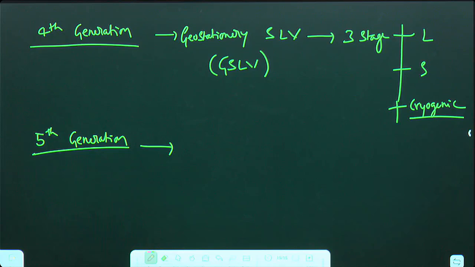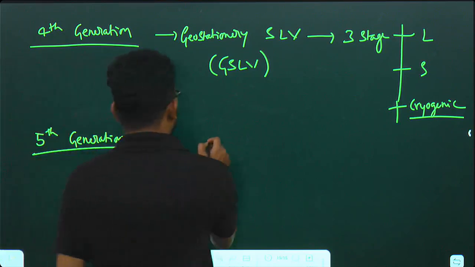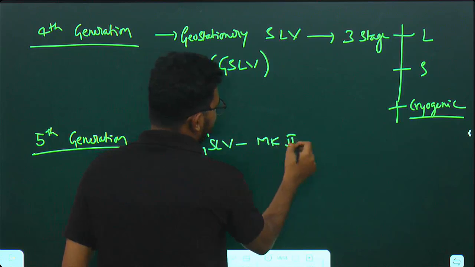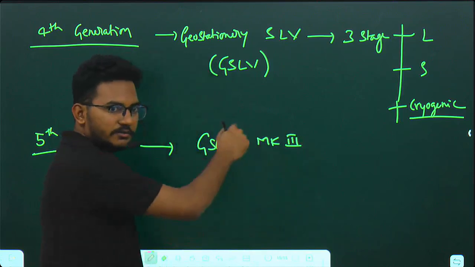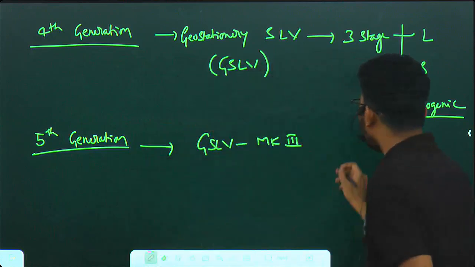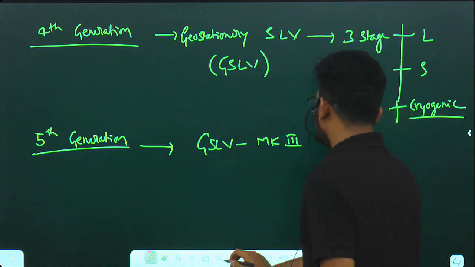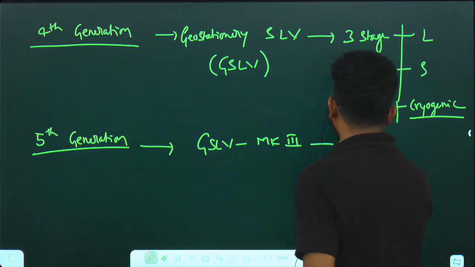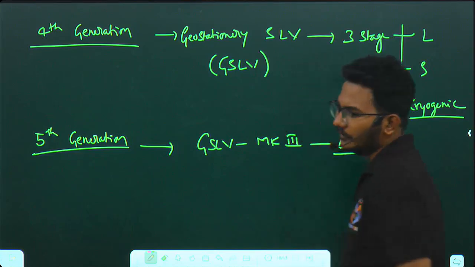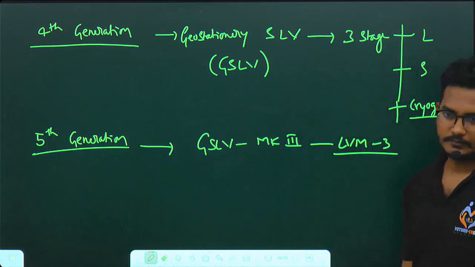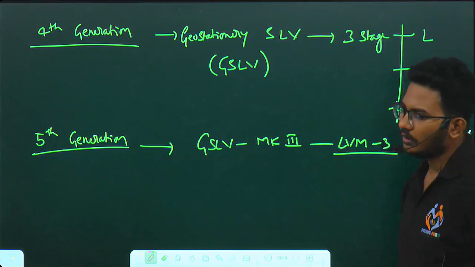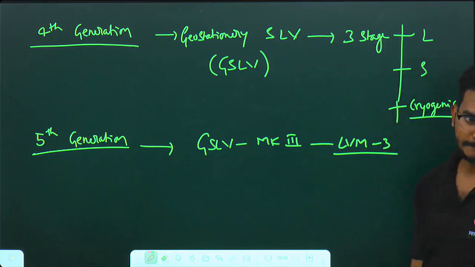Right now, with GSLV Mark 3, we have launched Chandrayaan 2 and Chandrayaan 3. This is also called LVM 3. This is also called GSLV Mark 3 or LVM 3.